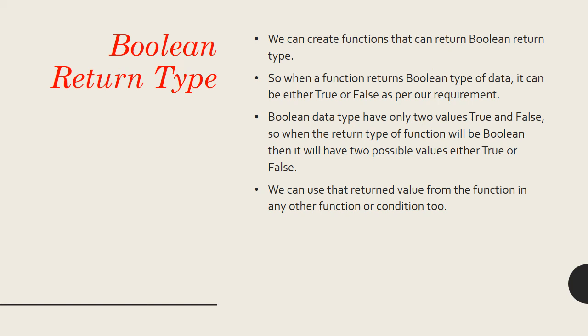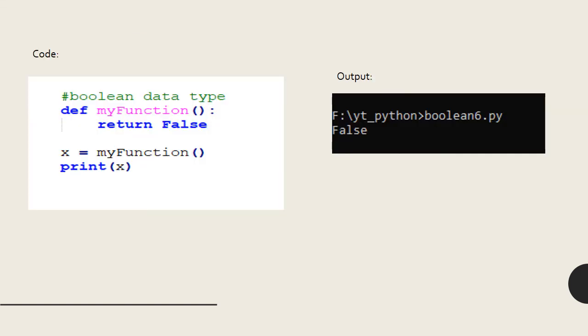We can directly use that values, or we can store that value in other variable and then use that variable in a condition or in a print statement. Let's see the example of Boolean as a return. Now here we are defining one function, my function, and it is returning the Boolean data type which is false.